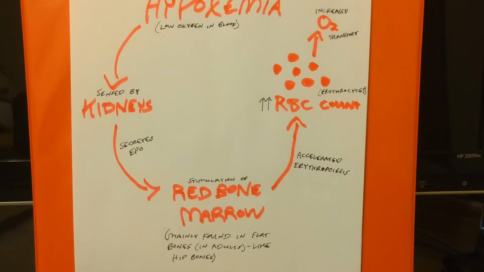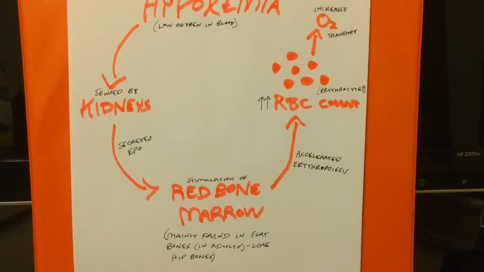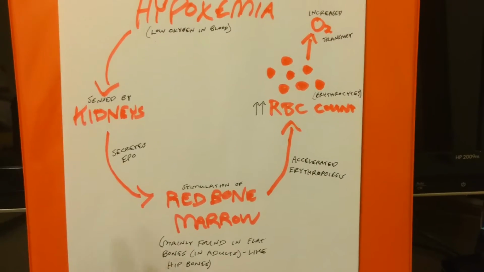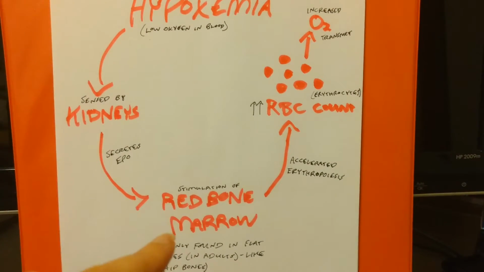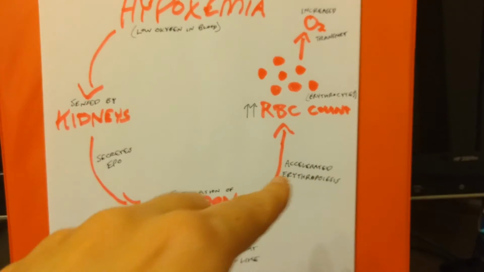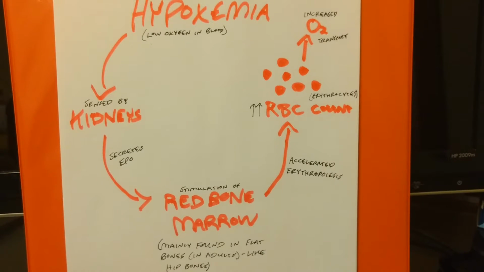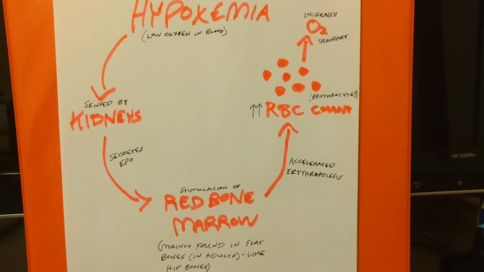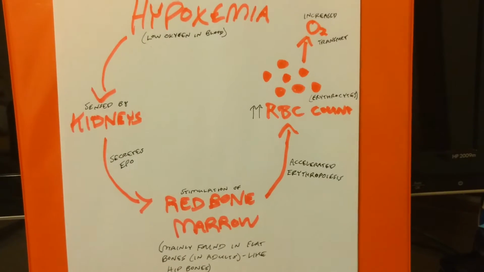So that's where the red bone marrow is in adults, usually in the flat bones. So the EPO stimulates red bone marrow, which starts an accelerated erythropoiesis, which is RBC production, red blood cell production, or erythrocyte production.